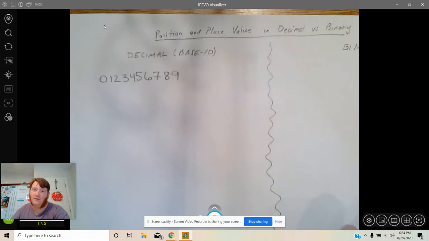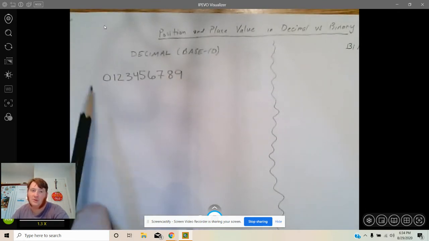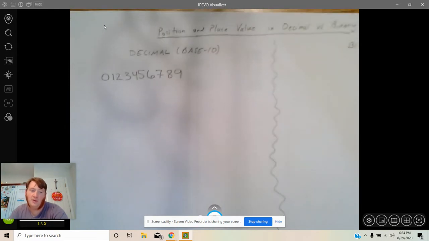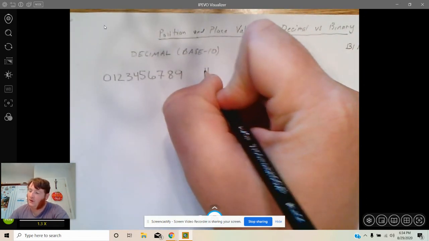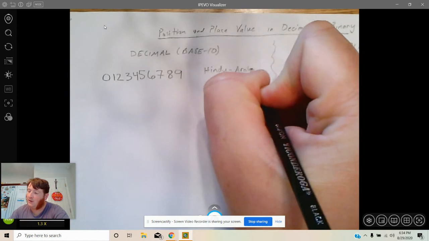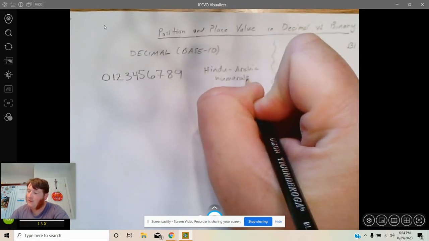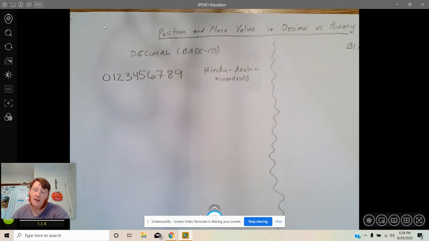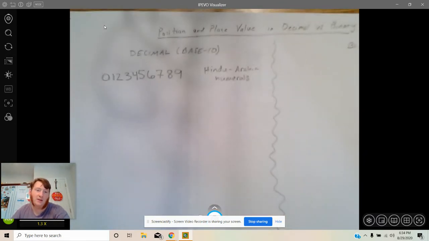So that's a very brief history lesson. These number symbols came from India to the Middle East to Europe. And so these are often referred to as the Hindu Arabic numerals to highlight that they started in India, traveled to the Middle East, and then finally to Europe.